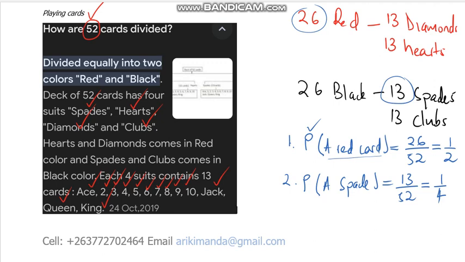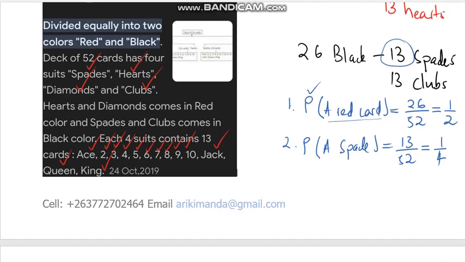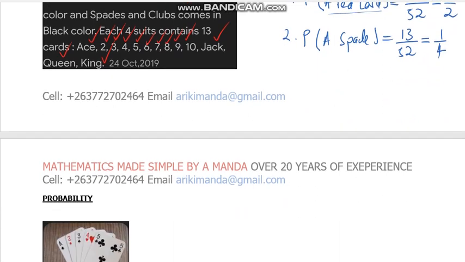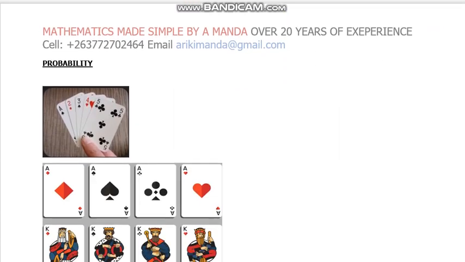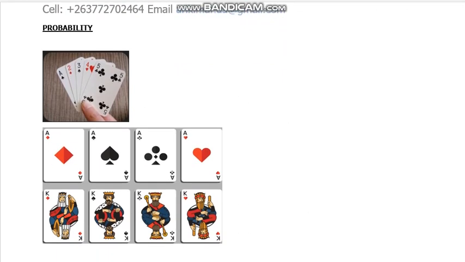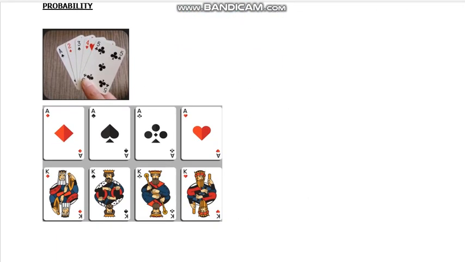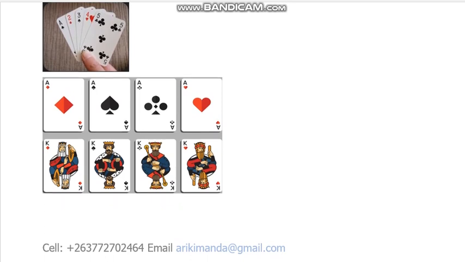Many individuals have not seen playing cards. I will show you an image of what they look like in case you have not seen them. These are the images of playing cards. Like I said, an ace, normally written as an A, comes in 4 designs.